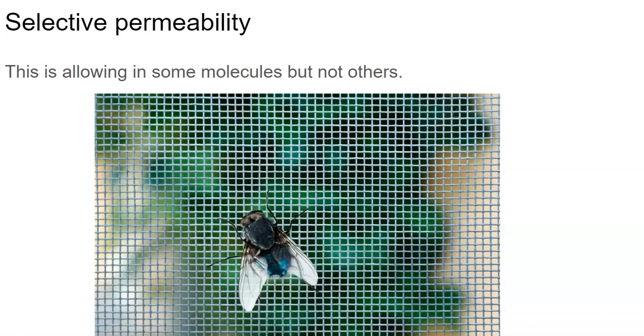So here's an example of a selective membrane: if you open your window, you can let air in. So it's selectively permeable, this mesh. It allows air in, so it's a nice day, you open up your window, but it doesn't let in flies or mosquitoes or certain big nasty things into your home. So we can say selectively permeable, just like the cell.